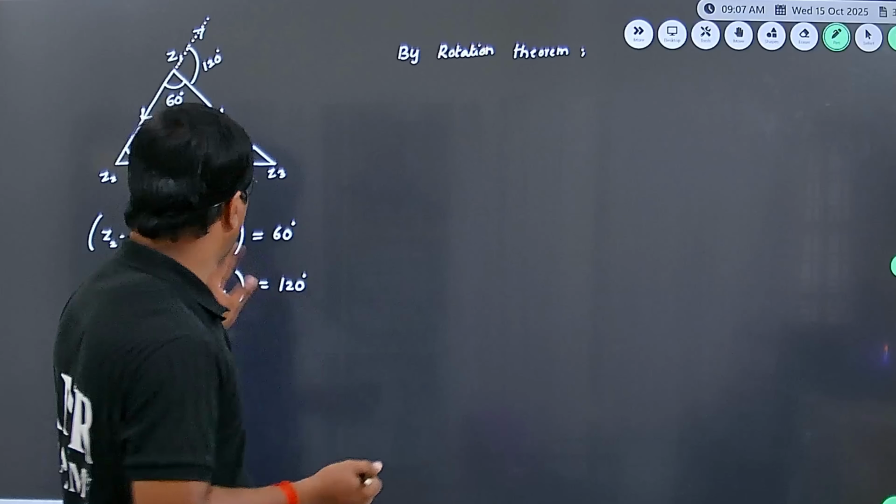Therefore, A is written as 2 plus root 3, next 1 plus 2 root 3 of i. This is in complex form. Therefore, vertex A has x coordinate 2 plus root 3 and y coordinate 1 plus 2 root 3.